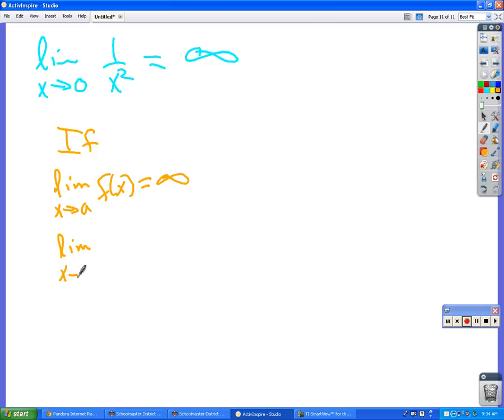The limit as x approaches the number could equal what else? Negative infinity. Good. 5 points for that one. That's a 5-point question for sure.